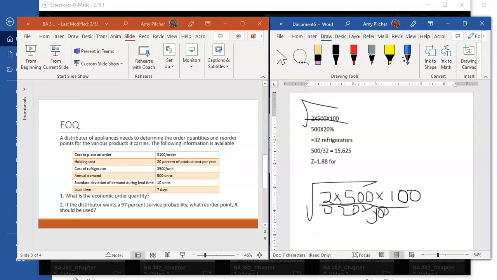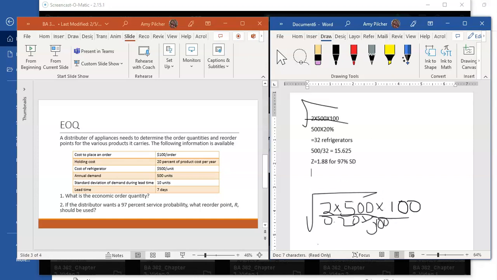So we put that into our formula where we look at our daily demand. We have annual demand of 500 refrigerators divided by 365.